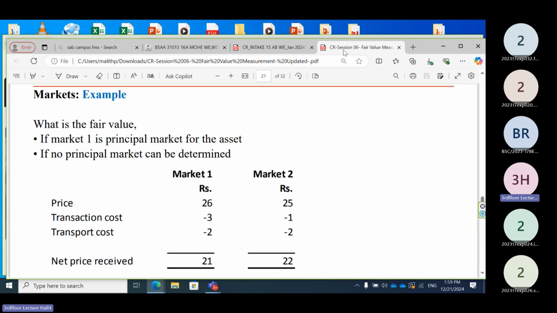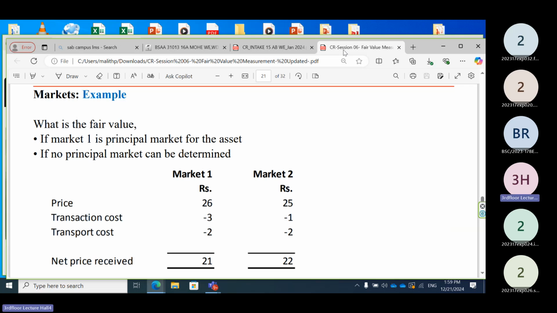So then question one clearly says market one is the principal market. According to the market one details, what's the fair value? Price 26.